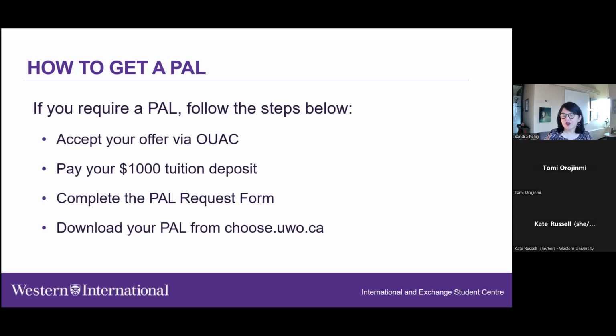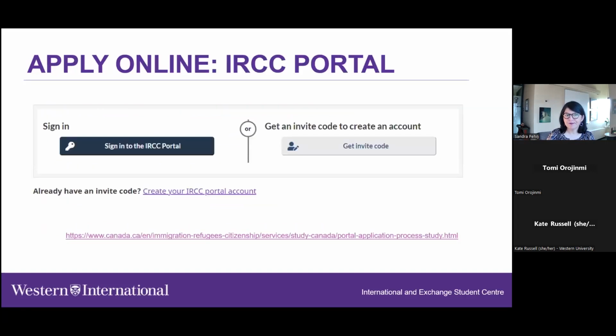So these are the instructions that are at this point pretty clear with regard to Western support to students who need a PAL as part of their study permit application. Please follow these steps, and you will be able to download your PAL, which would be a key piece of document for your study permit application.